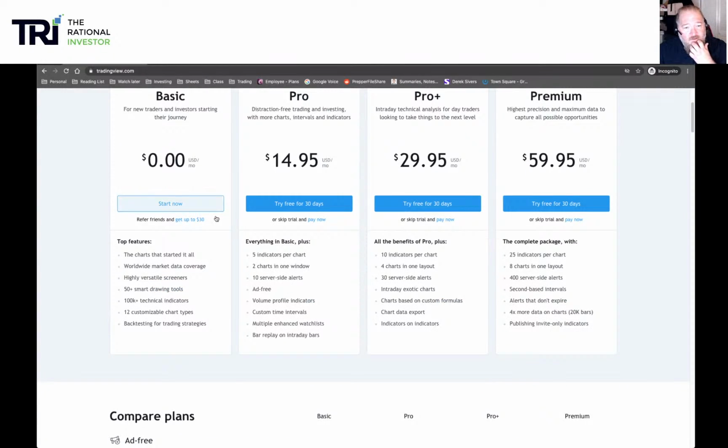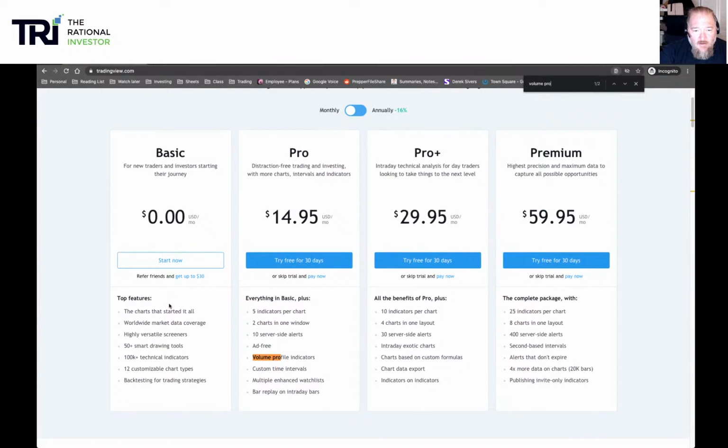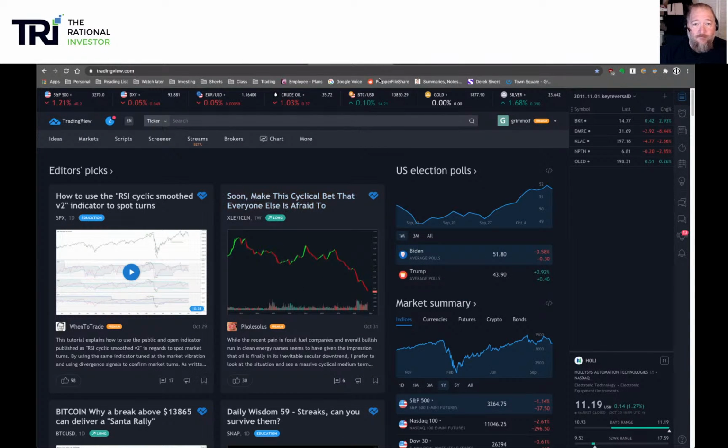There we go. So you have to have at least a pro level account in order to get volume profile indicators.